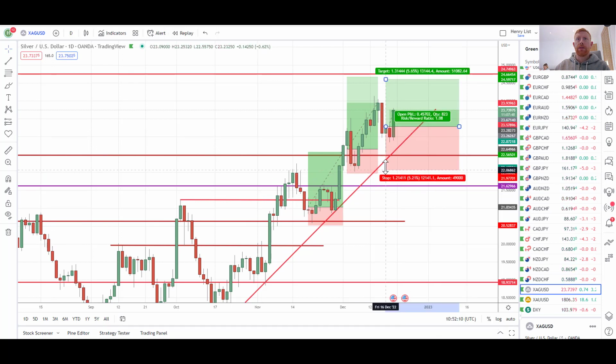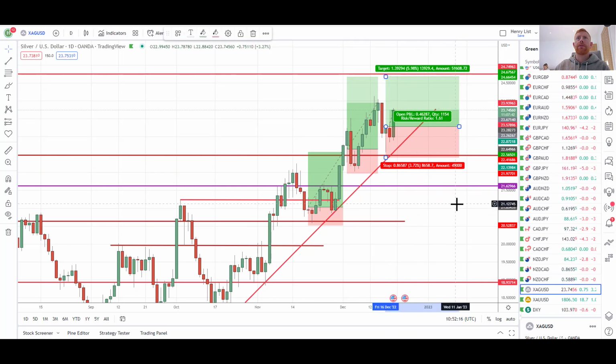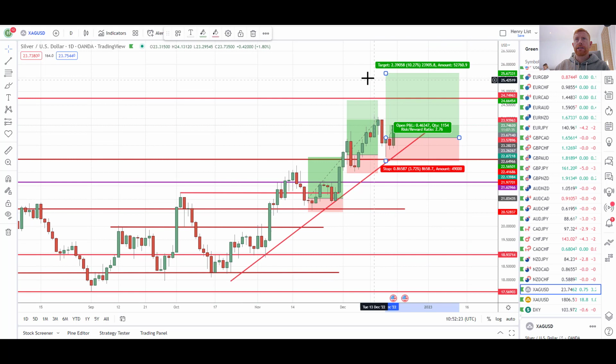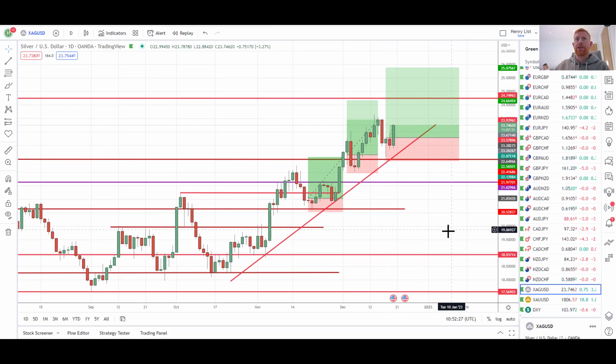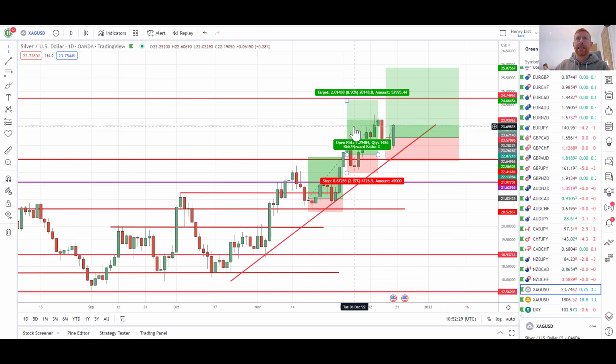Now, some people took it, some people didn't. And again, do we have our take profit inside that level, or do we expect US dollar to continue getting weaker, which means silver and gold will continue getting stronger, which means then there's your take profit. And if that's the case, then we just let this run.